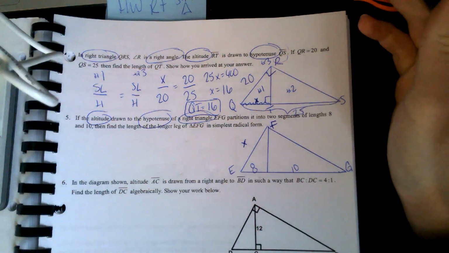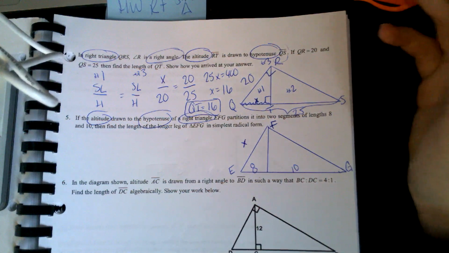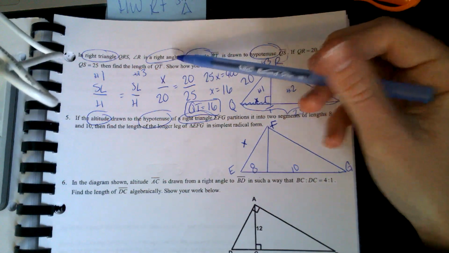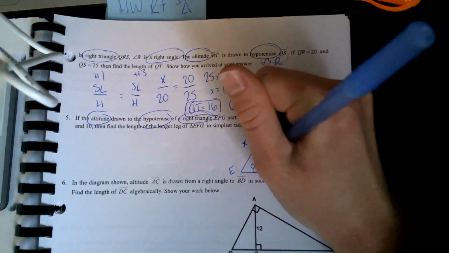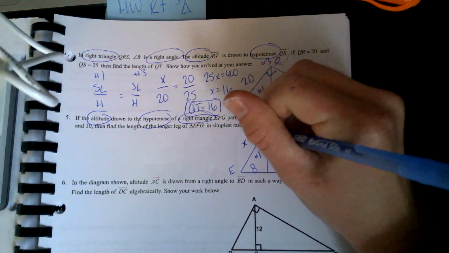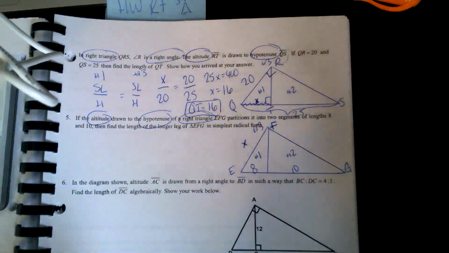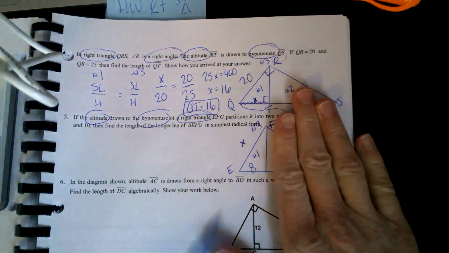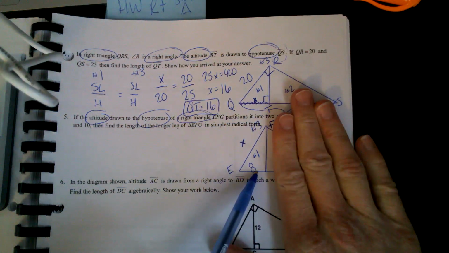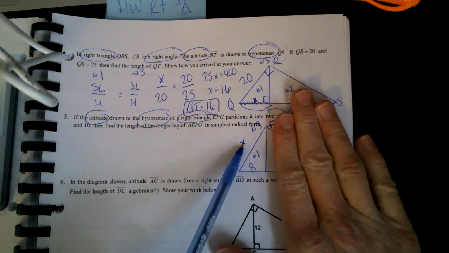Now, it seems to me, in this case, it doesn't really specify which one's the right angle, and so it may not matter. But as you guys can see, this is triangle number 1, this is triangle number 2, and then obviously the whole big thing is triangle number 3. So kind of like the one we did above, we were given one side of the smaller triangle and we're trying to find the hypotenuse.